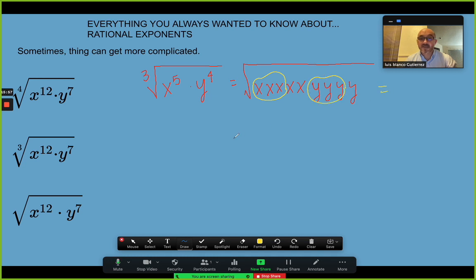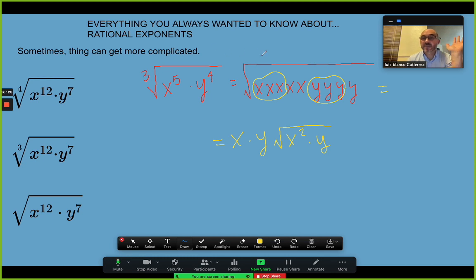So what is the answer? How many groups did I do with the x? I have only one group, so that will be x. And with the y, I have another one. And then whatever I couldn't group is going to stay inside the radical. So it's going to be x times x, that is x squared times y.